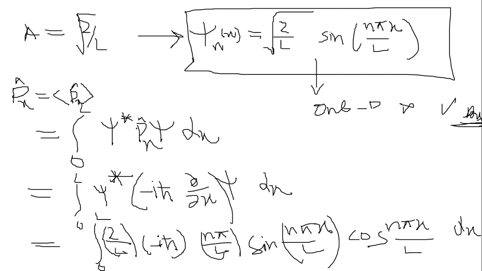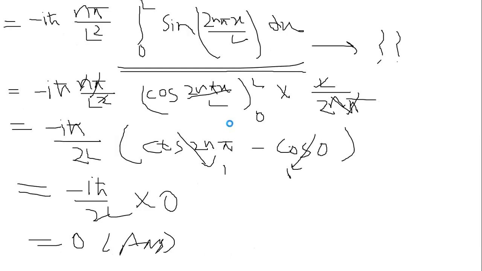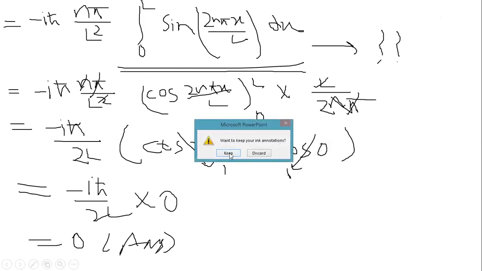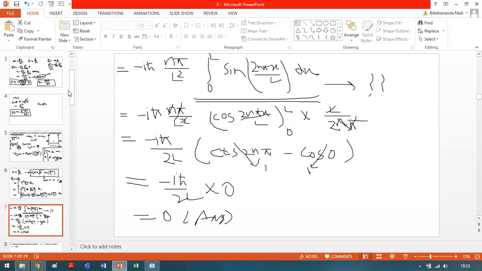But here we are taking the expectation value of momentum, which is not a probability; it is the average value of the momentum inside the box.